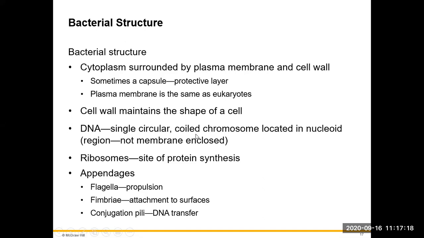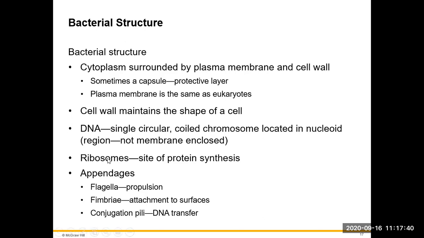And the DNA is found in the nuclear region, not in a nucleus. As I told you, they don't have an actual nucleus per se, but they do have a nuclear region, a region that looks like a nucleus, and the single circular DNA is found in that location.